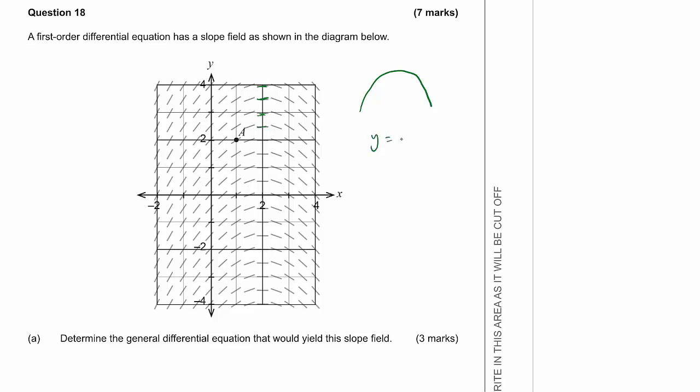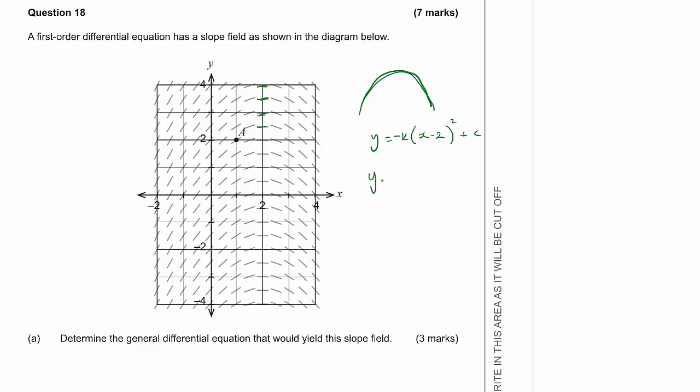So I'm thinking that something like y equals k(x minus 2) squared plus a constant. So let's make that a negative so that it's this way. So something of that form.